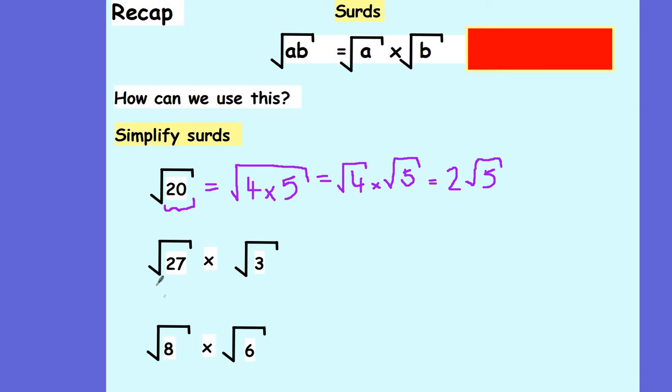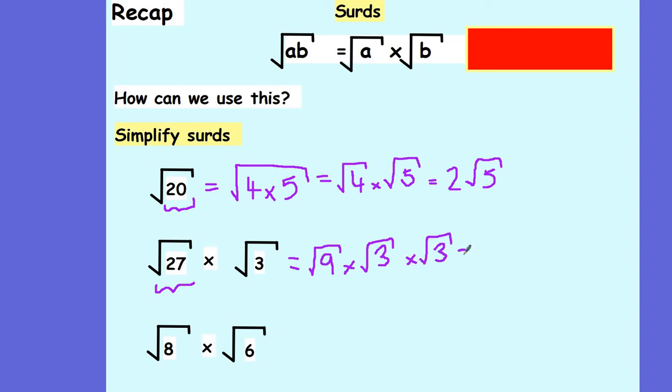I can approach the next one in the same way. I need to start by finding the largest number that's a square number and a factor of 27. In this case it's going to be 9, so I can write that as the square root of 9 times the square root of 3 times the square root of 3.